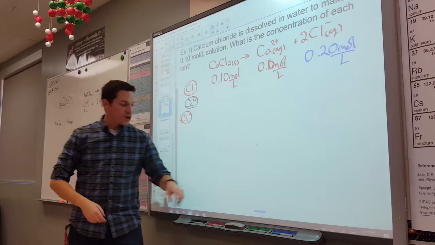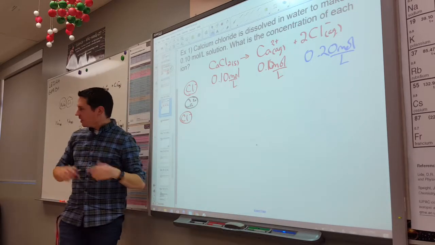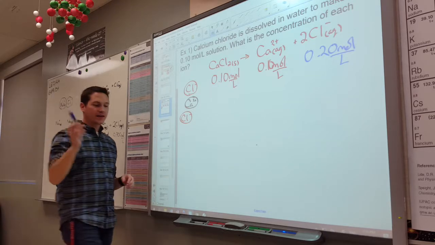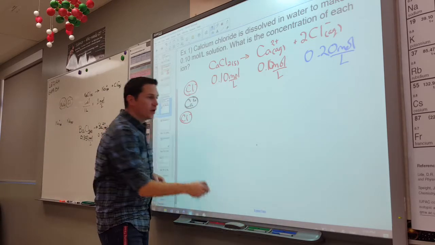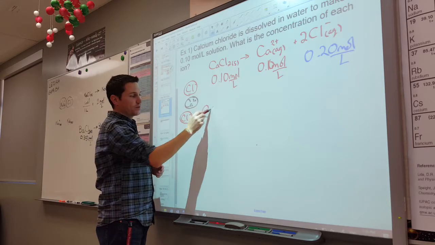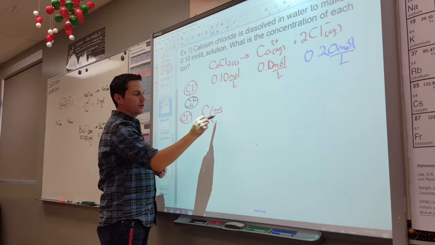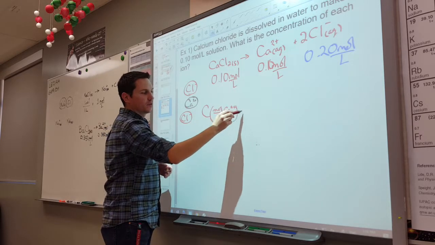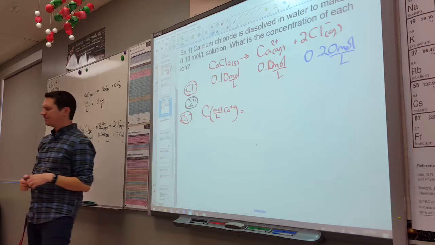So let's find the concentration of the calcium ions. If you want to find the concentration in moles per liter of calcium ions, that's the way I want you to start it.